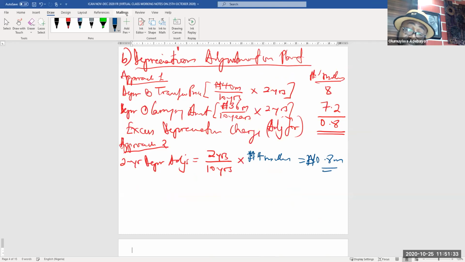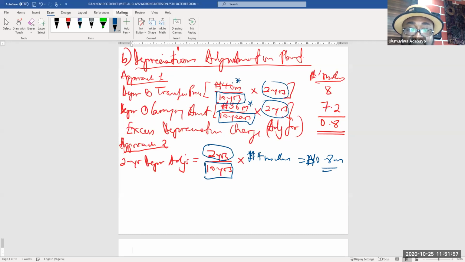Again, when you look at it as a mathematics student, you find out that there are things in common here. What are the things in common here? 2 years is in common, which is what we brought here. And what is also in common? 10 years is in common, and that's what we brought here. What is less in common? 40 and what? 36.